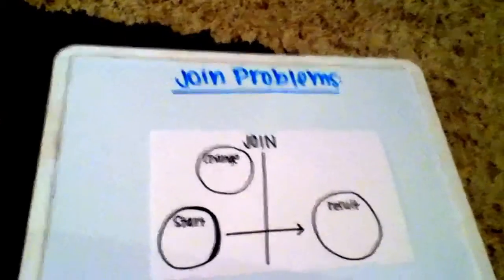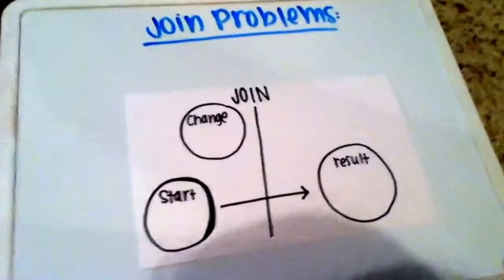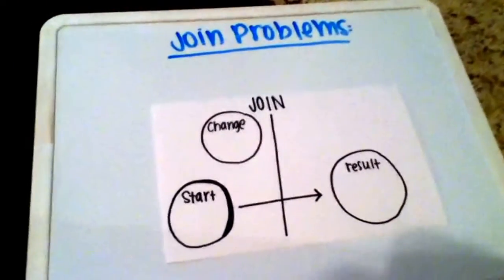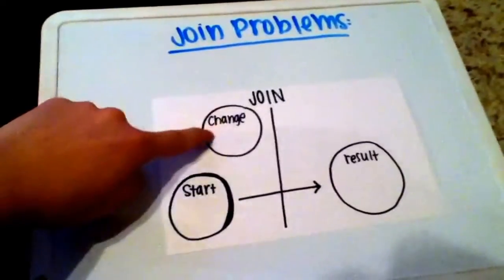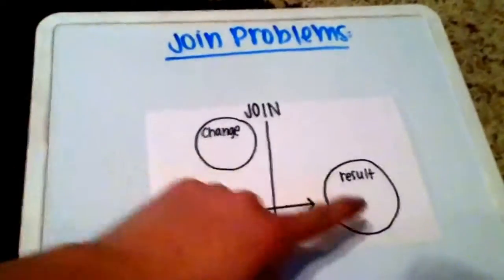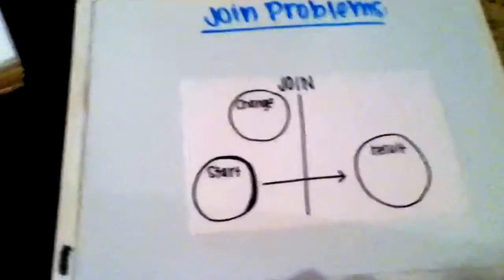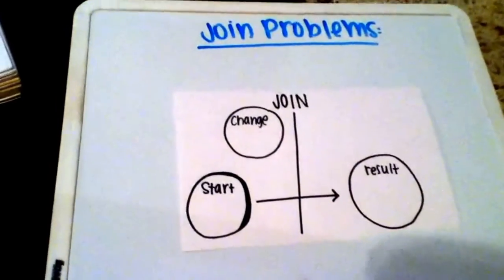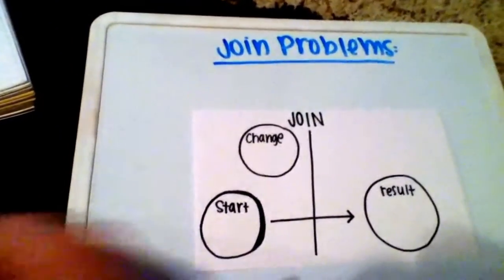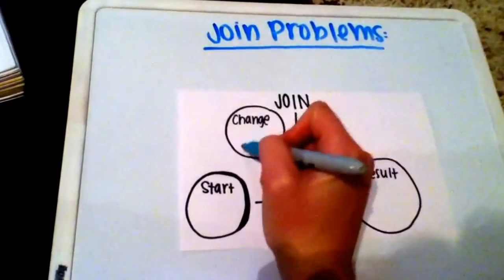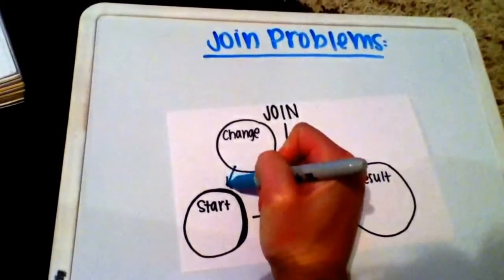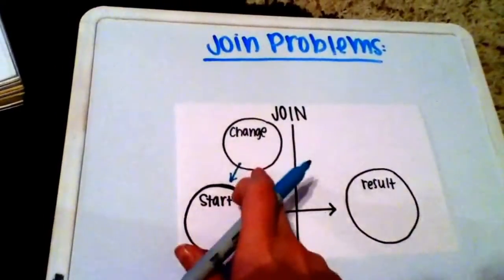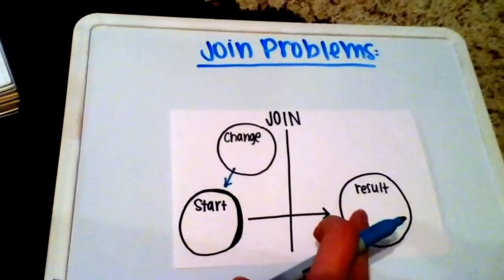So for right now, for the change, the arrow is going to be going towards the start because we're adding what's changing to the start in order to get the result. So for this, we're going to get our marker and add an arrow from change to start, because we're adding the change to the start in order to get the result.